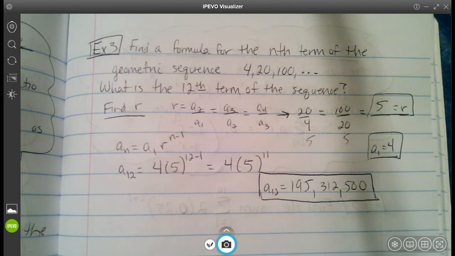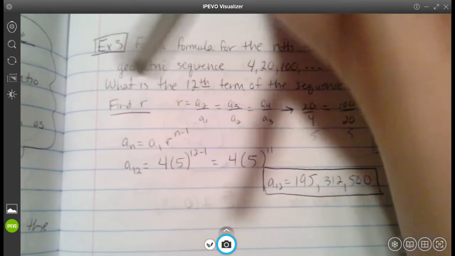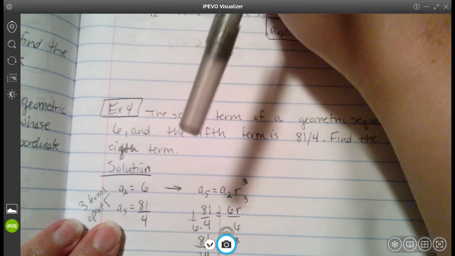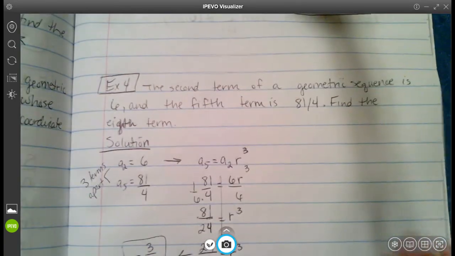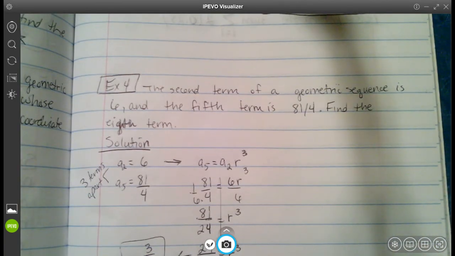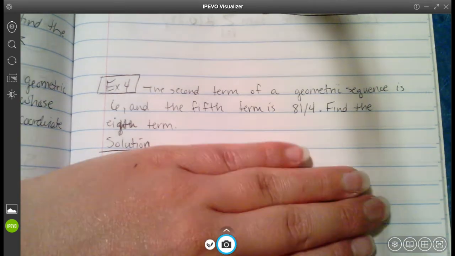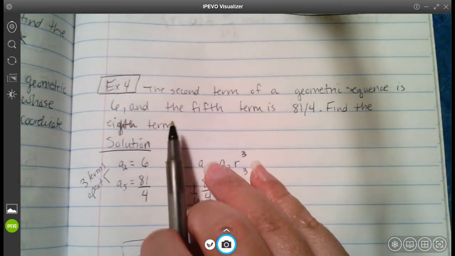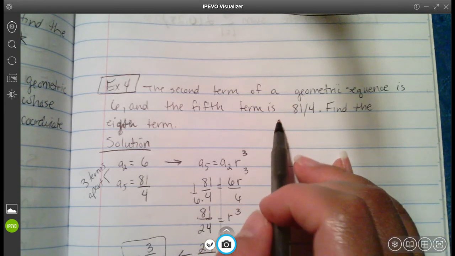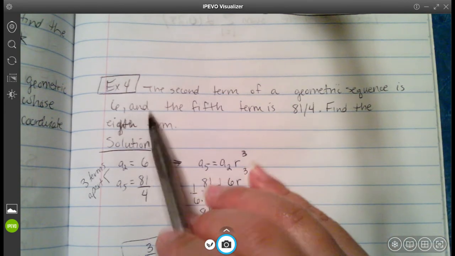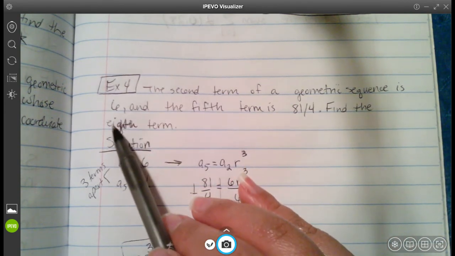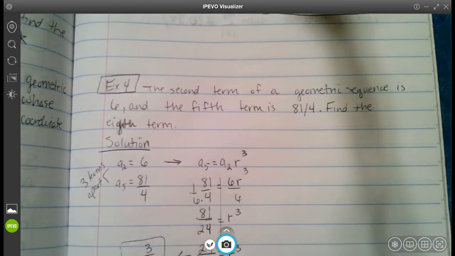Okay, moving on to example number 4, which I believe is solved for us because of the time. So we have example number 4: the second term of a geometric sequence is 6, and the fifth term is 81 over 4. Find the eighth term. I ran out of whiteout, so I couldn't fix this, but this is the eighth term.